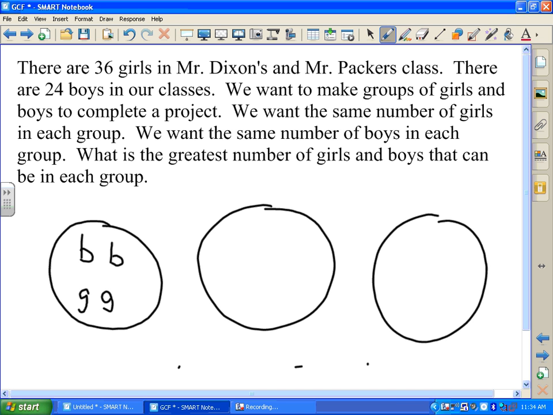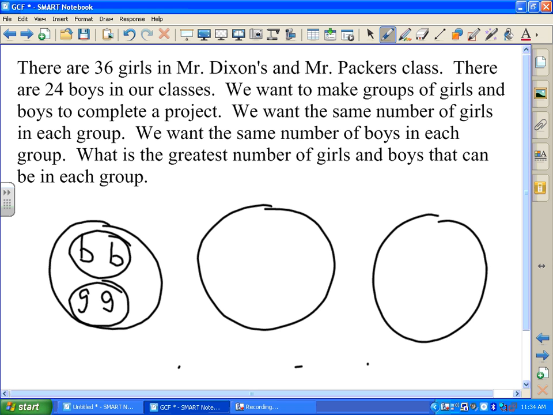But it's saying in the problem that they want the same number of boys in each group. And it's also saying in the problem that they want the same number of girls in each group. So I don't know how many boys would go in the groups, and I don't know how many girls, but I want to know what is the greatest number of girls and what is the greatest number of boys that I can put into each group.